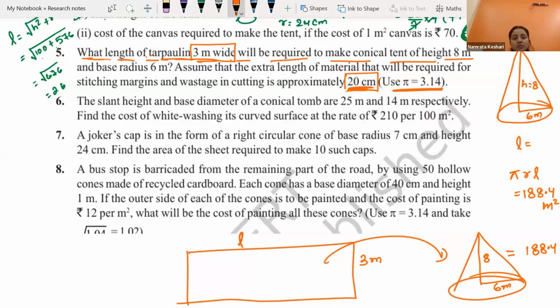So can we say this area and that area must be the same? Yes, we can say that, but one condition is also given over here.